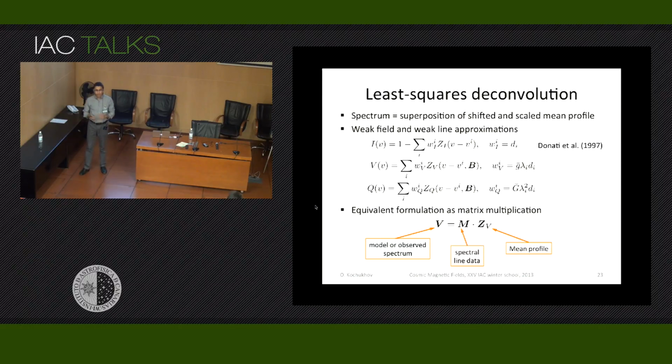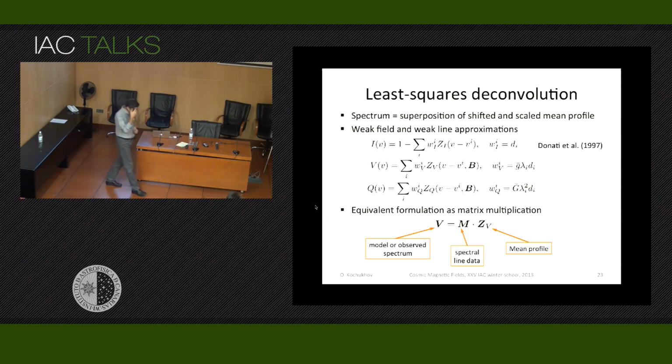So the amplitude of polarization is going to be small. And also there is this problem of cancellation of different field polarities, as I illustrated in the previous slide. So if we have spots with different field orientation, Stokes V parameters cancel each other and the total signal will become smaller usually.